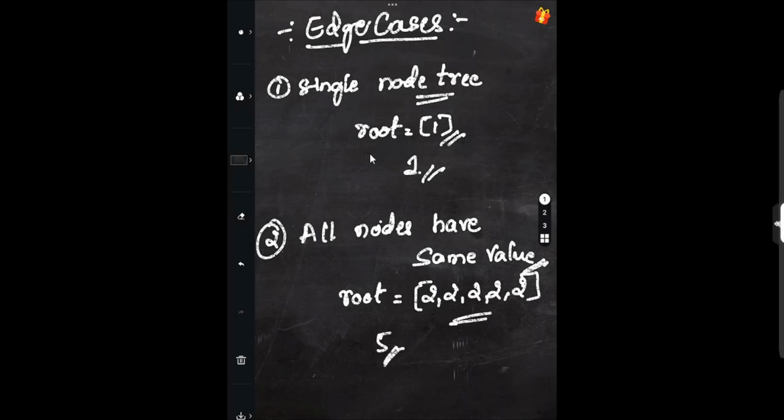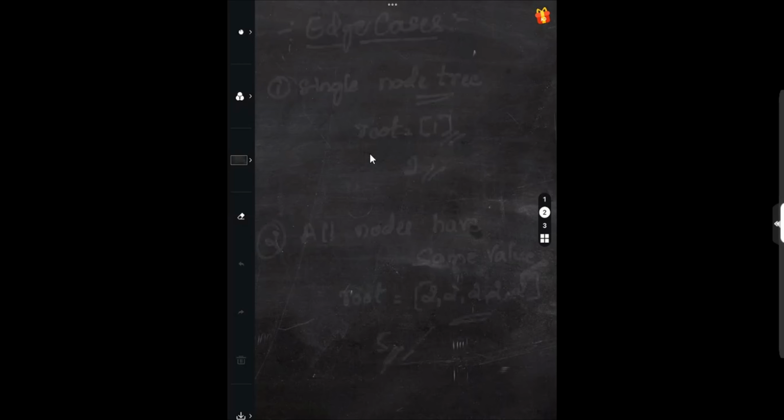Every node is good here because no node has greater value in its path, right? While explaining the approach I said the current node has to be greater than or equal to the maximum element that has been present so far. So this satisfies the condition. So the output will be 5 here. Every node is good because no node has greater value in its path. So I hope the second edge case is completely clear.